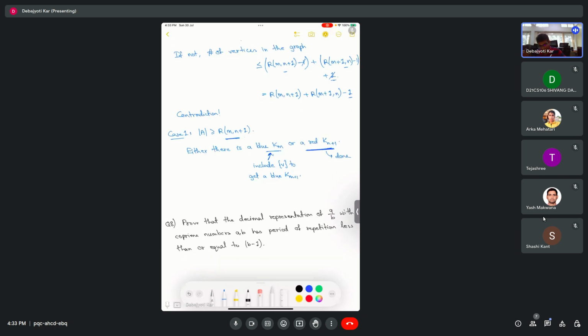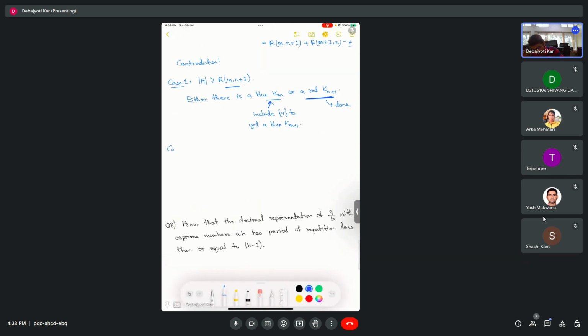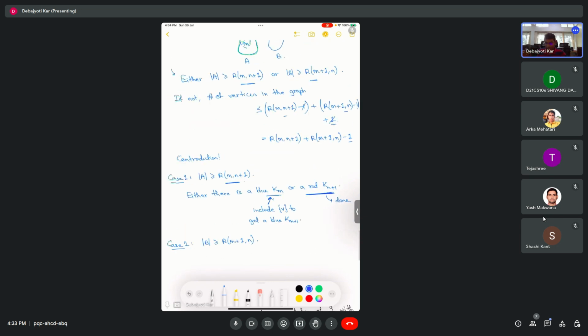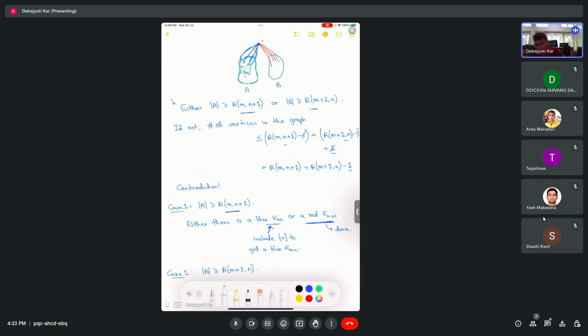So next, in case 2, we have this. Now what does this say? The size of this vertex set is at least r of m plus 1 comma n, which means that either there is a blue complete graph on m plus 1 vertices or there is a red complete graph on n vertices.